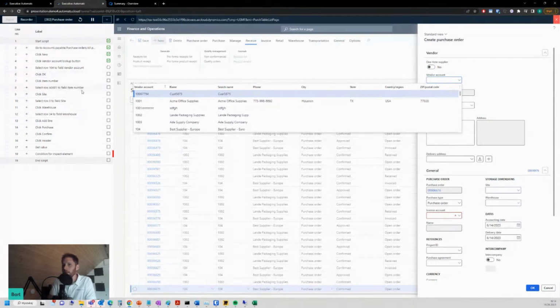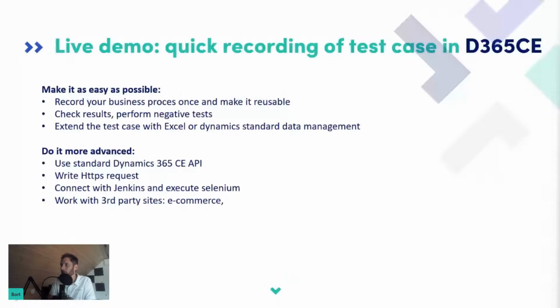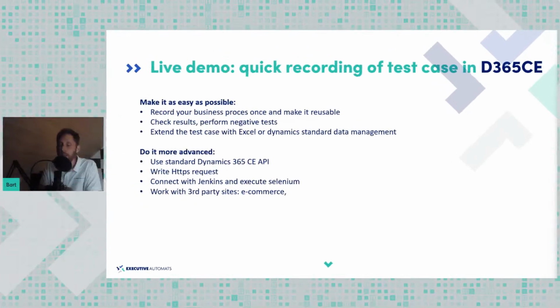In the meantime, let me come back to the slides to focus a bit on customer engagement. Customer engagement is another application that we host and handle with our executive automats, and the same concepts work here. You can record the test case with the business, build negative tests, extend with Excel files, and then use some CE API to create data and inputs.